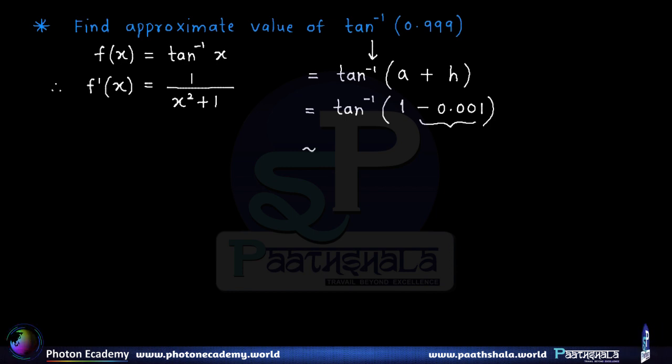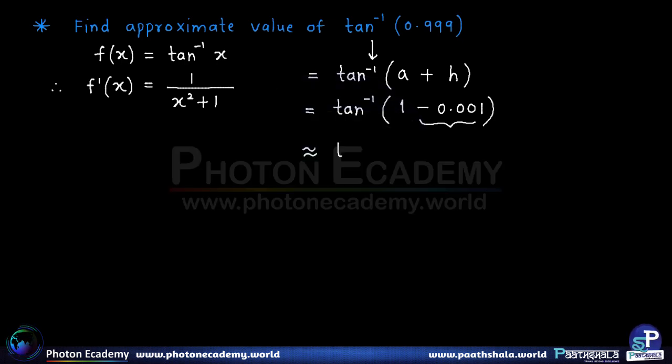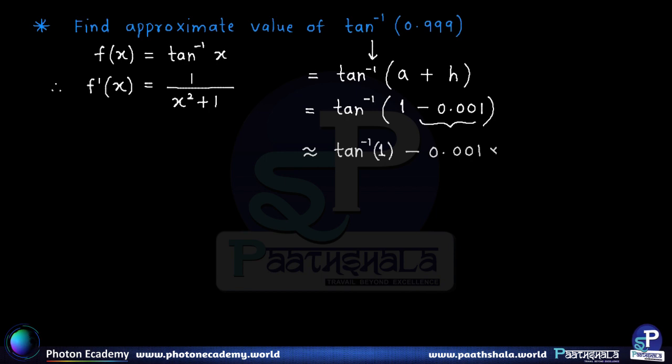So as per the formula, this is equal to tan inverse of 1, isn't it? That is f of a. Now we have plus h, but since h is negative, I will write that as minus 0.001 into the derivative of the function at 1.